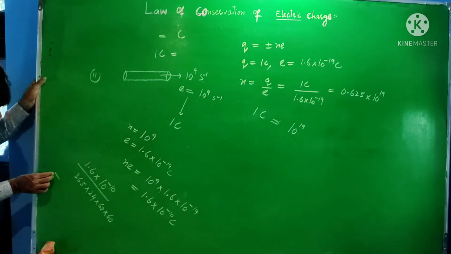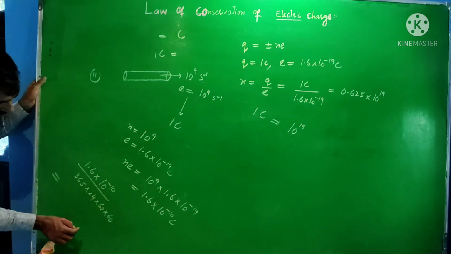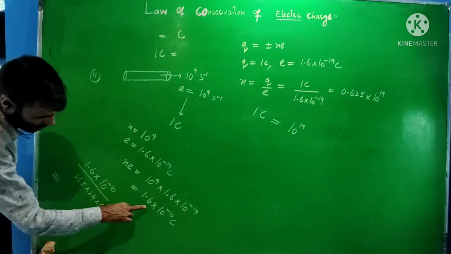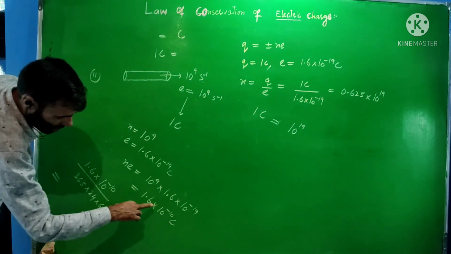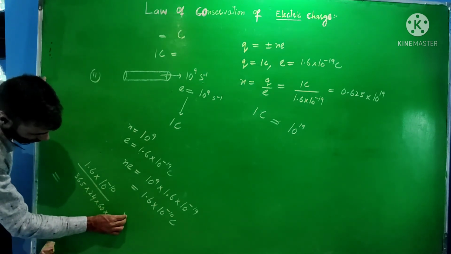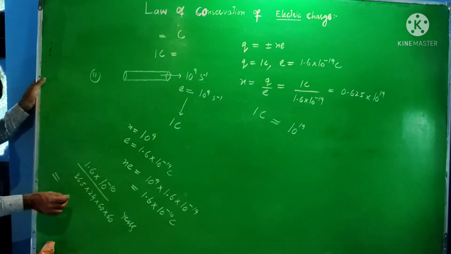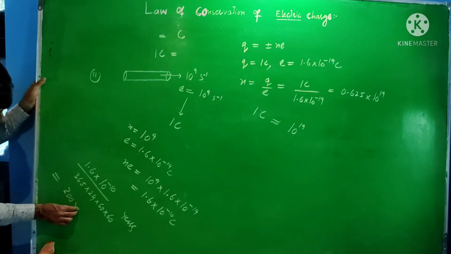That calculation gives the time in years. This is the charge released by these electrons per second. So the time in years, if we carry out this calculation, is approximately equal to 200 years.